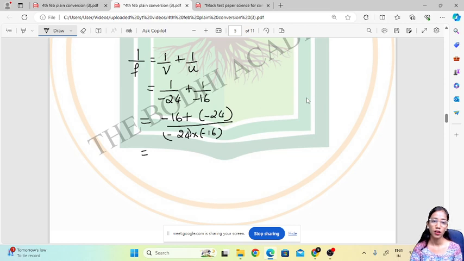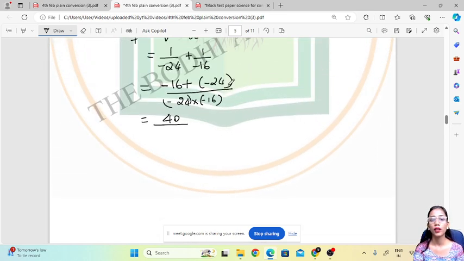Minus minus plus, so this will be 40. And 24 into 16 is 384. And this carries a minus sign.